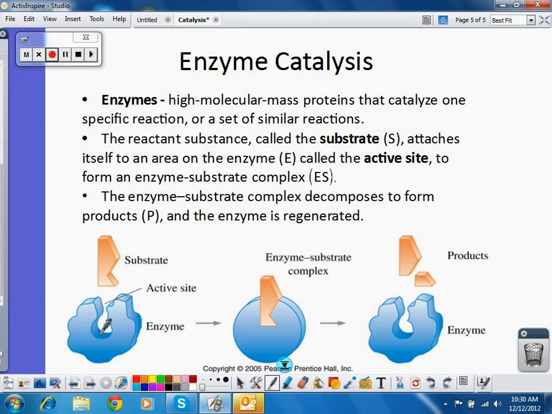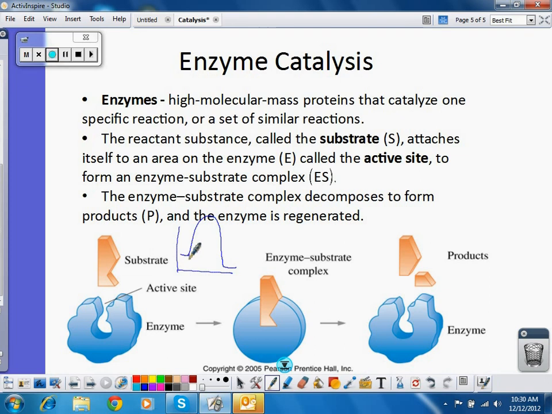So this substrate, in this case decomposing all by itself, probably has a very high activation energy because it just has to be positioned just right, or it has to twist just right in order for the molecule to break apart.